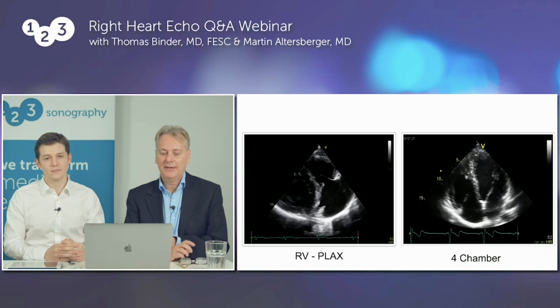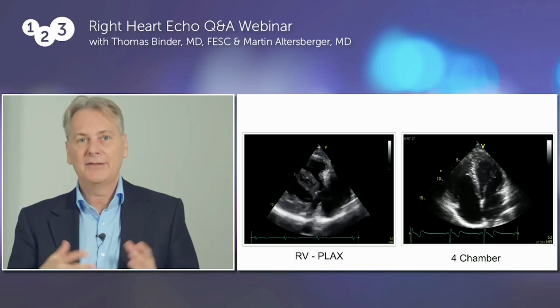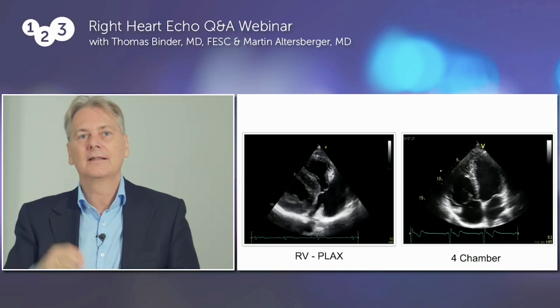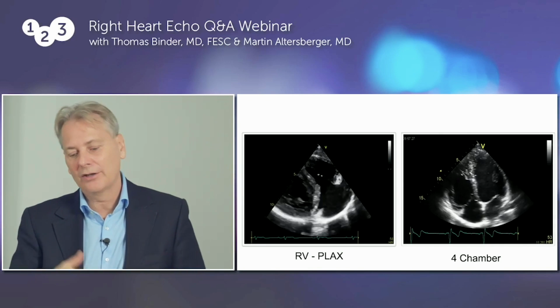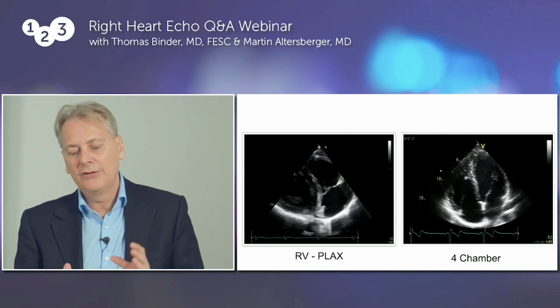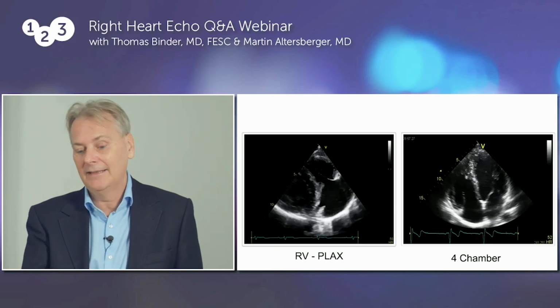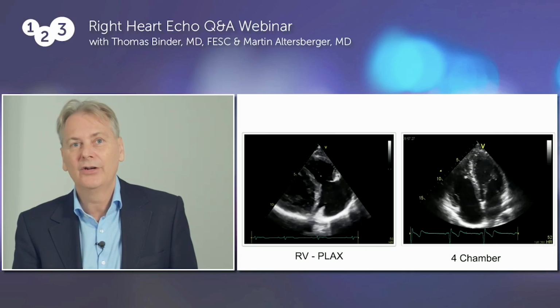I think the main point is that when we're looking at longitudinal function, it's best to use the apical views, because there you can see the decrease and increase of the myocardial length. But if you use a parasternal view, you're perpendicular or slanted, as in this parasternal long axis view, so it's not ideal.